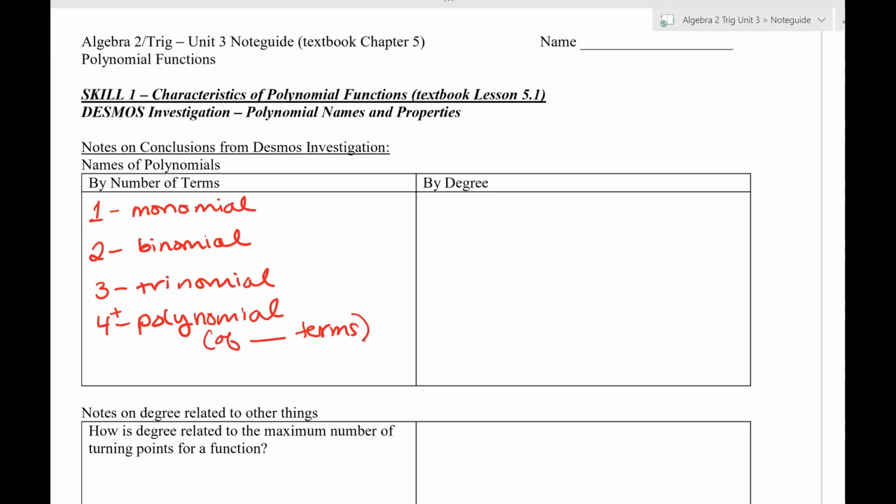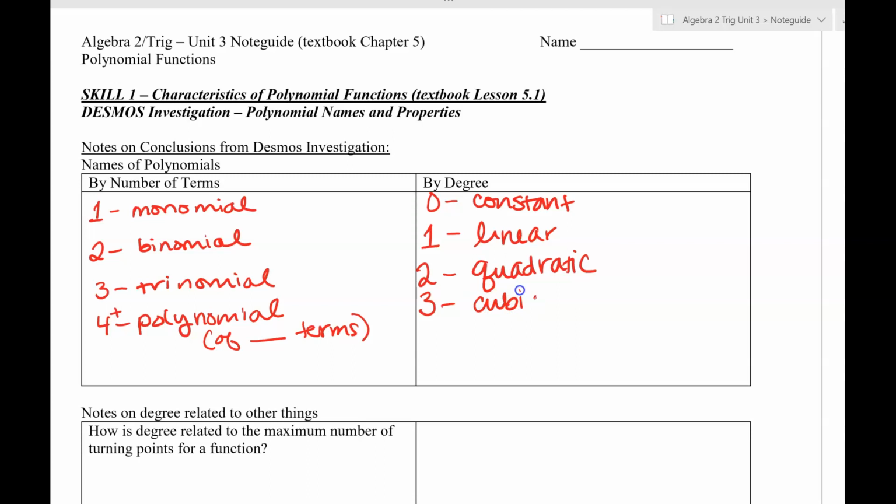For degree, if the degree was 0, so it had no x's in the equation, we named it as constant. If the degree was 1, so it's x to the first power as the highest, it's linear. If the degree is 2, it was quadratic. 3 is cubic. 4 is quartic. 5 is quintic.